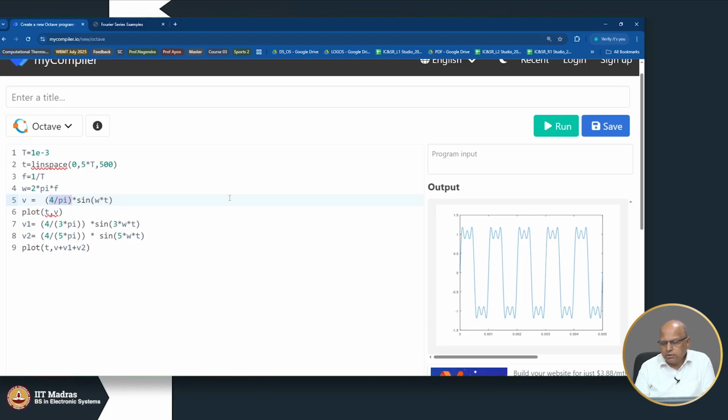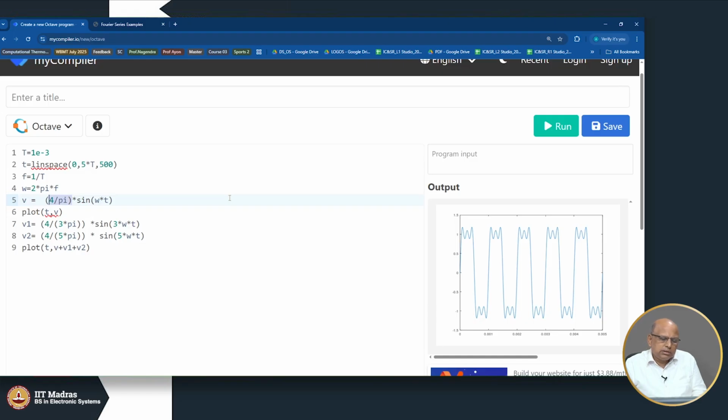In the case of the square waveform, it was a special case, all the components were pure sines, but in some cases we may have a combination of sine and cosine. Okay. And the Fourier series analysis tells you how to estimate the amplitudes of the harmonics, which could be either sine or cosine.